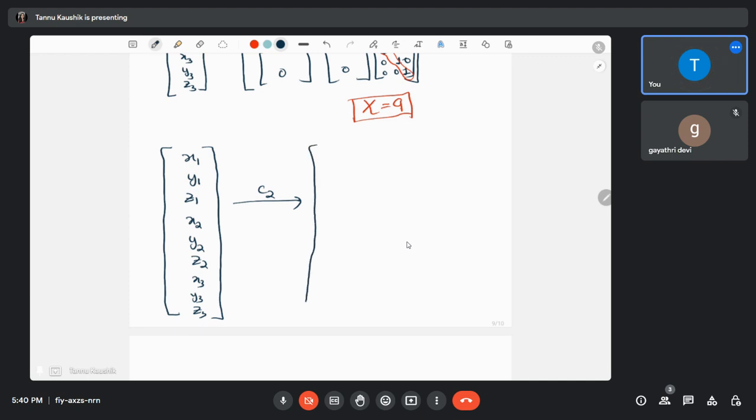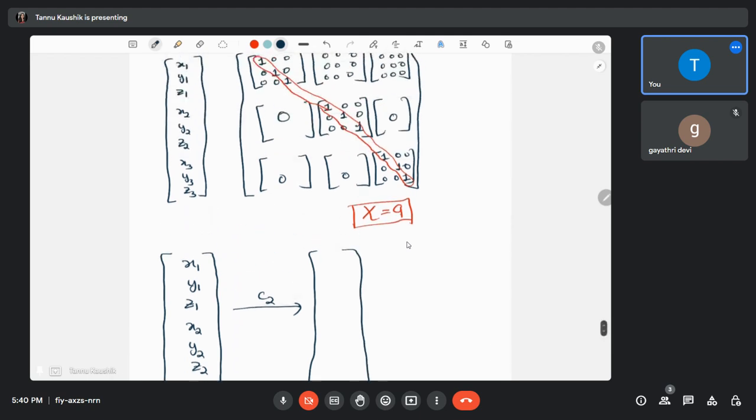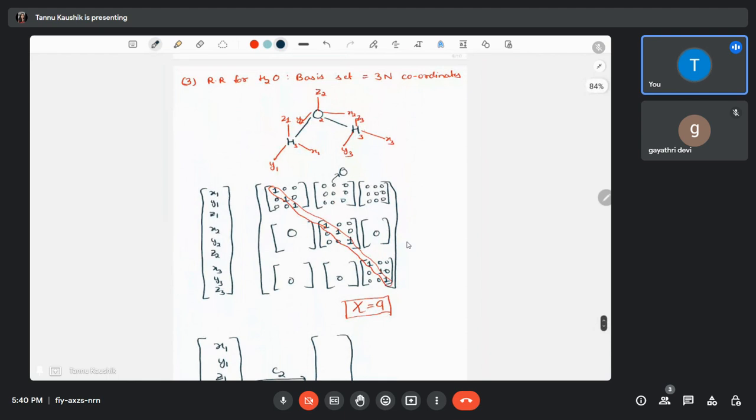So we are applying this C2 operation. When you apply the C2 operation over here, this H1 atom is being replaced by this H3 atom.